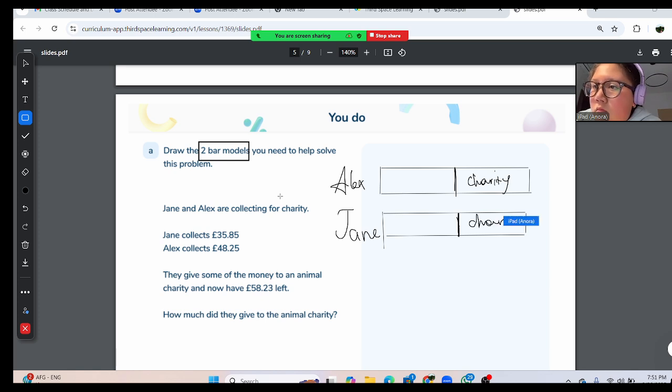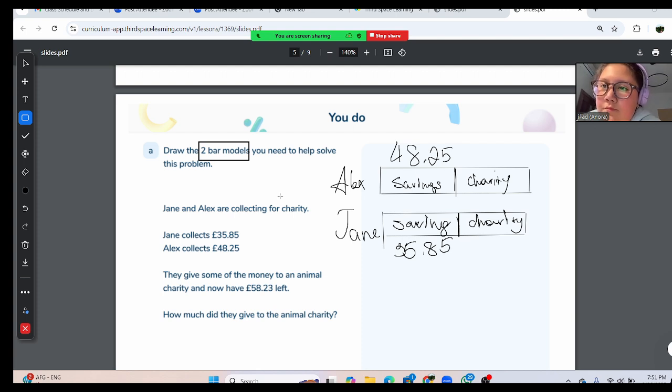Very good. That's not saving actually. That says now they are left with this much money.